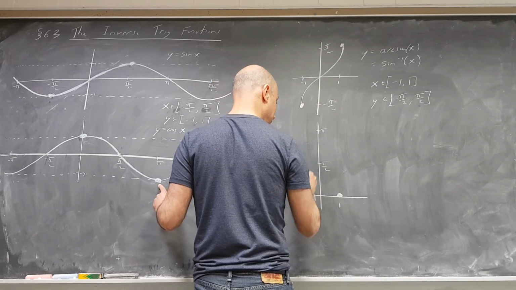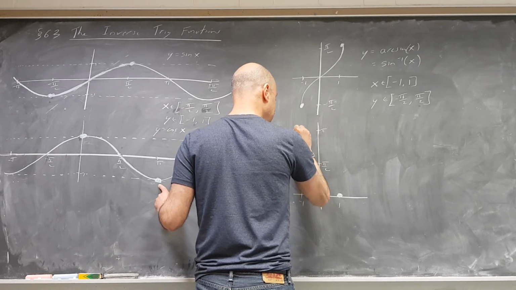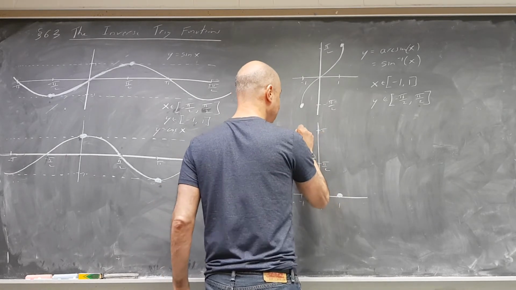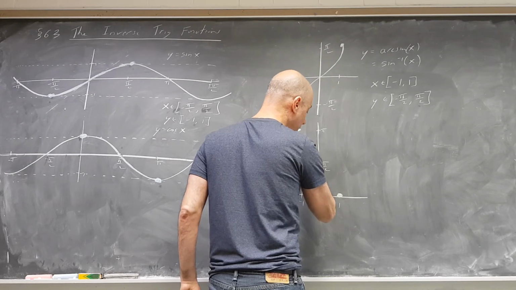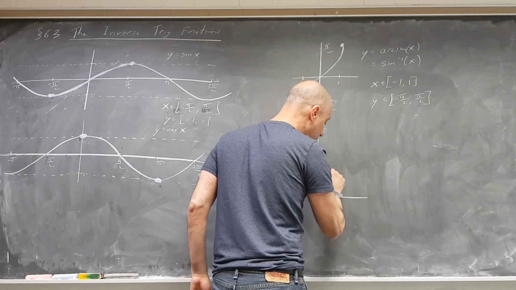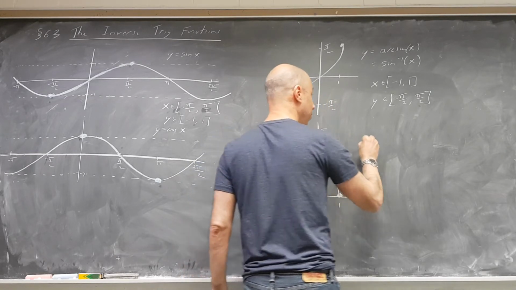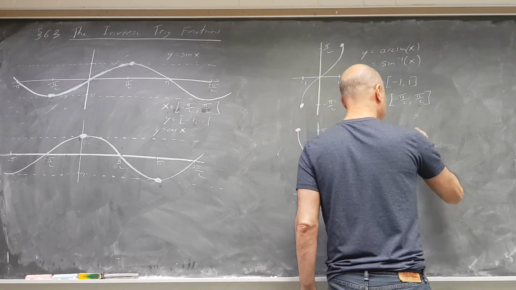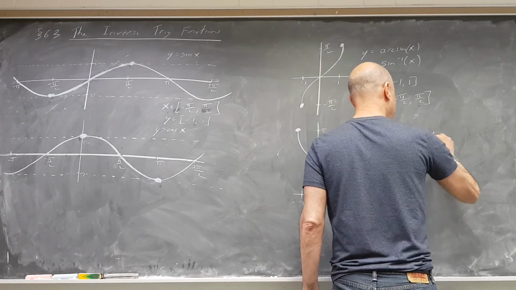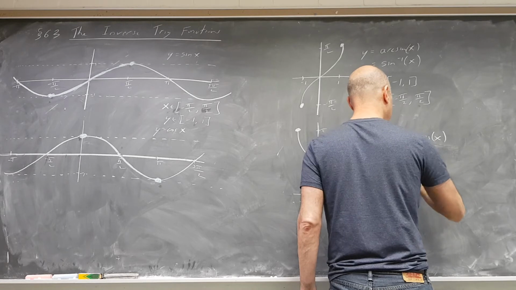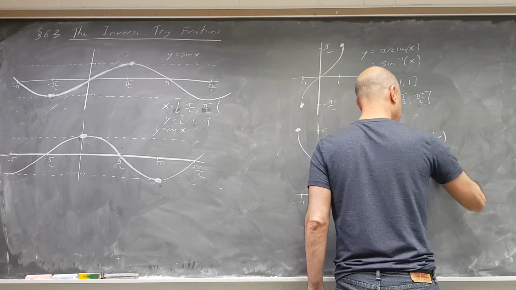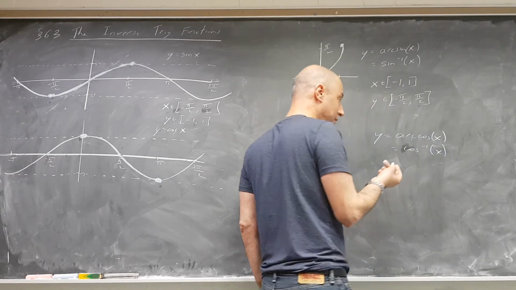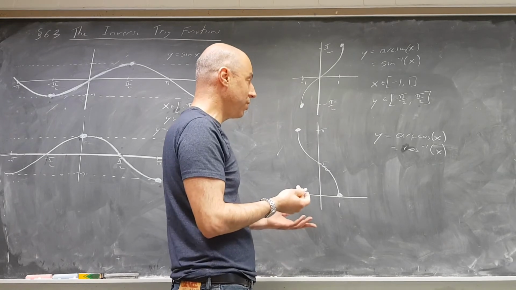So this one goes through the point negative 1, comma pi. And it looks very much like this. This is your arccos curve, your inverse cos curve. Y equals arccos x, or the inverse cos of x, arccos. You can use the same words no matter how you write it.